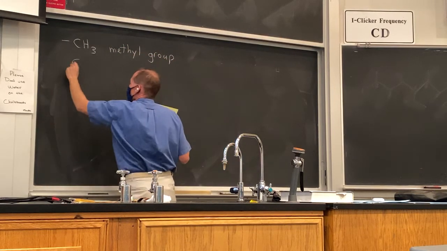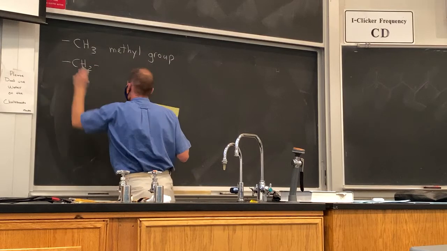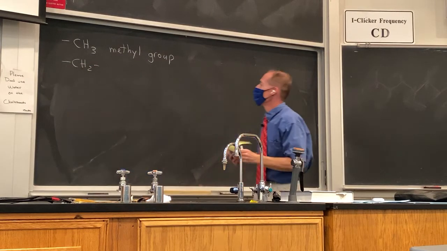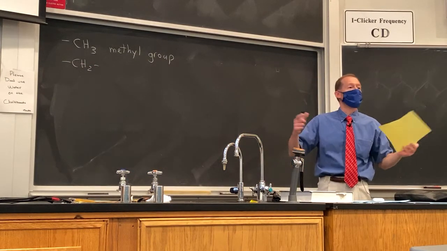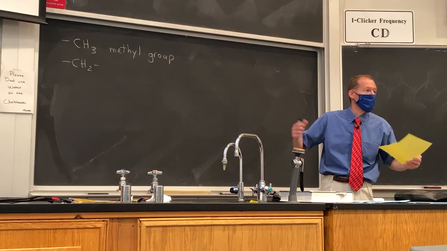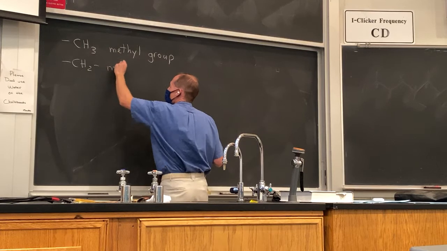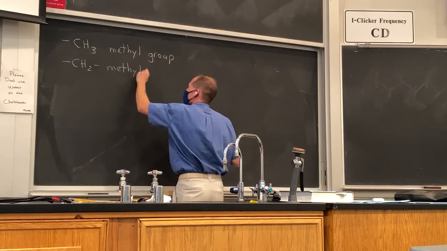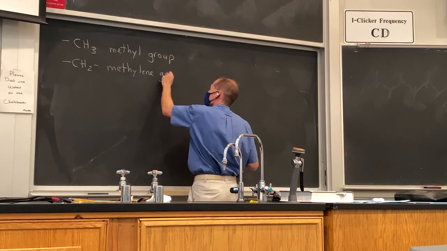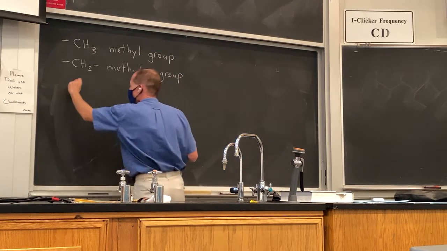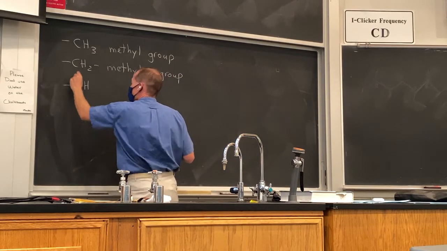Okay. And then we can have CH2. That's going to be attached to two other things, two other carbons, a carbon and an oxygen. That's referred to as a methylene group. And then we can have a CH.